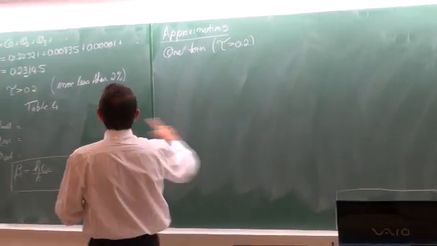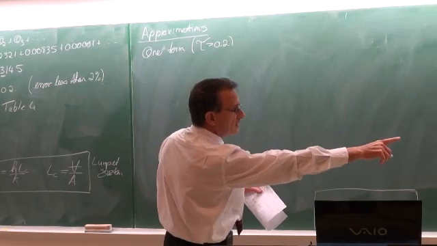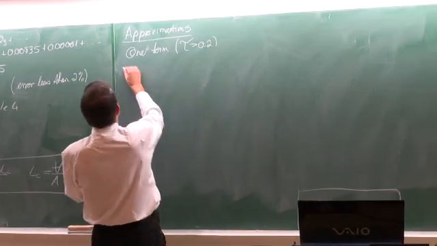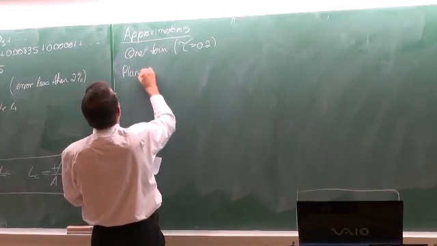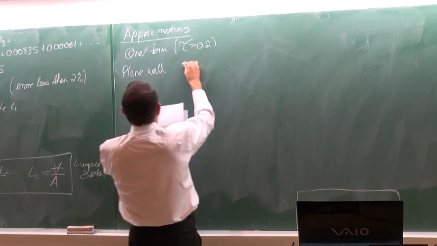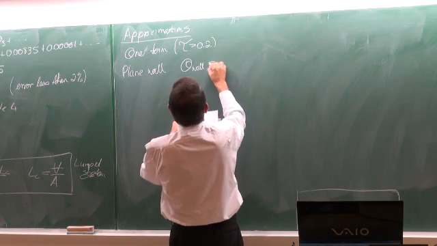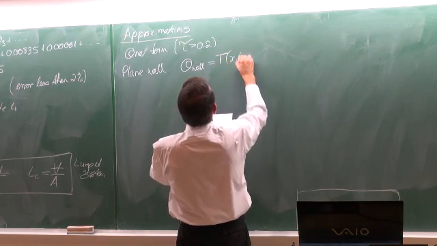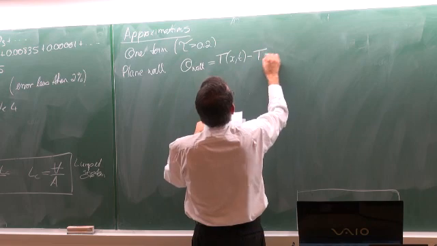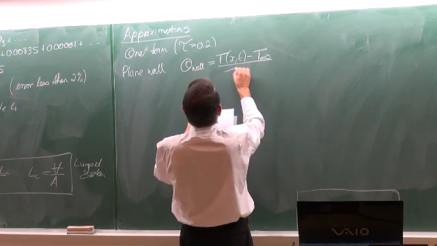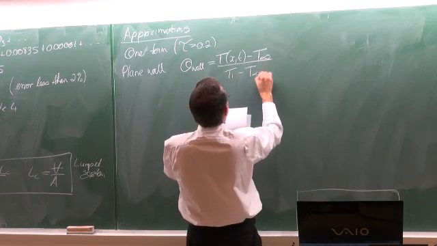Now, if we look at the first term, if we look at that equation there and we write it out for a plane wall, then theta, the non-dimensionalized temperature for a plane wall, is equal to T minus T infinity divided by Ti minus T infinity.